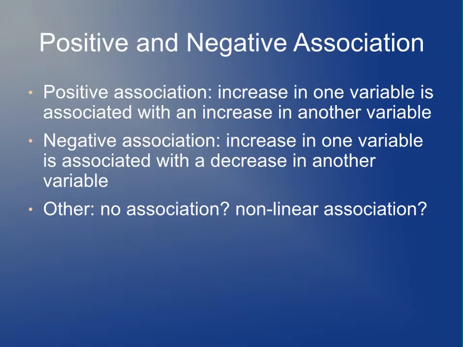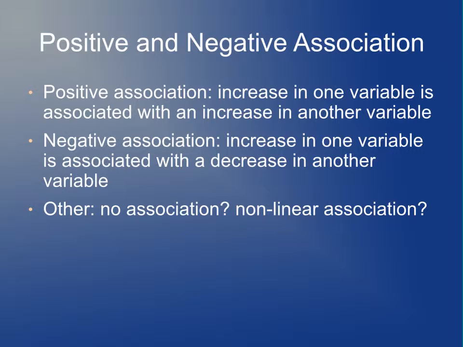So, some terminology to be familiar with: positive and negative association. If x increases, then y also increases. You say that's a positive association. If x increases, then y decreases. That's what's known as a negative association.